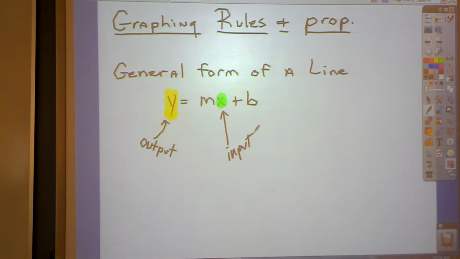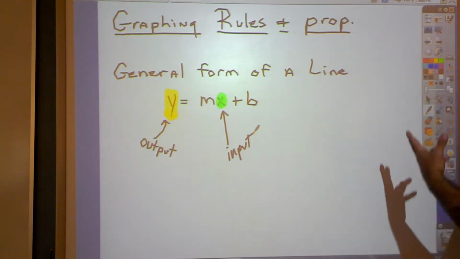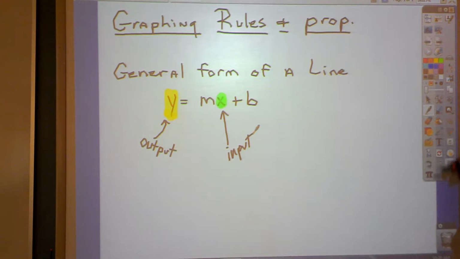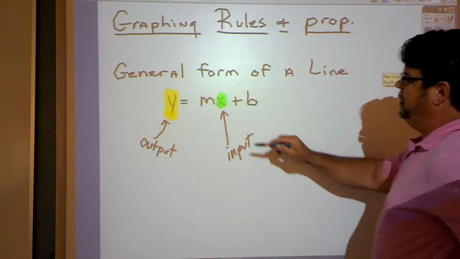In other words, most of the time when you're dealing with a line and you're trying to graph that line, you need to put in x. Pick out numbers for x and you get y. And we'll talk about that when we get into how to graph. What is m? Well, let's take our highlighter and color m blue.